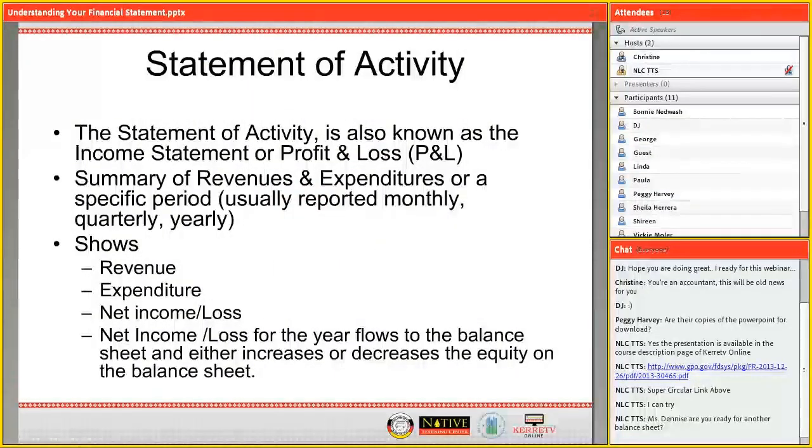Okay, thank you. Statement of activity, also known as income statement, profit and loss. It's a summary of your total revenues and total expenditures in a specific period. It's usually reported monthly, can be quarterly, can be yearly.